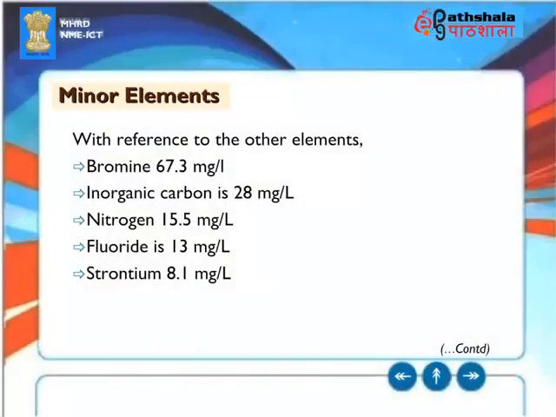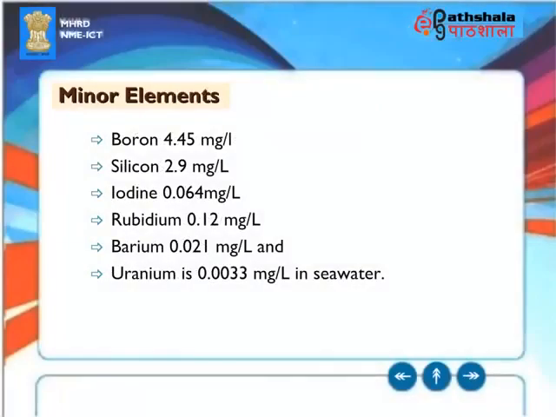Minor elements, with reference to the other elements: bromine 67.3 milligrams per liter. Inorganic carbon is 28 milligrams per liter. Nitrogen 15.5 milligrams per liter. Fluoride is 13 milligrams per liter. Strontium 8.1 milligrams per liter. Boron 4.45 milligrams per liter.